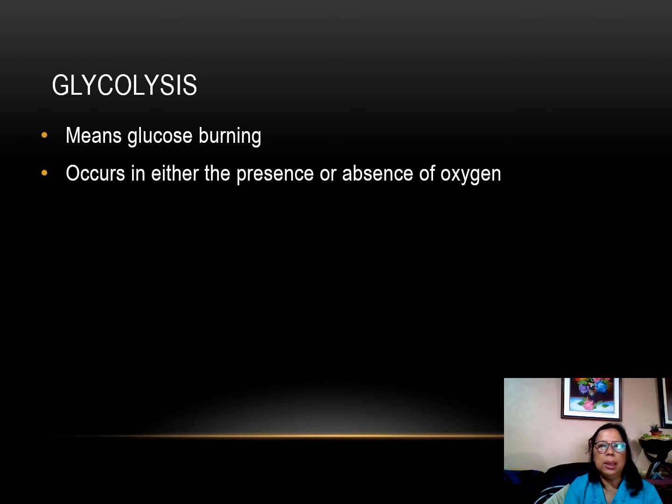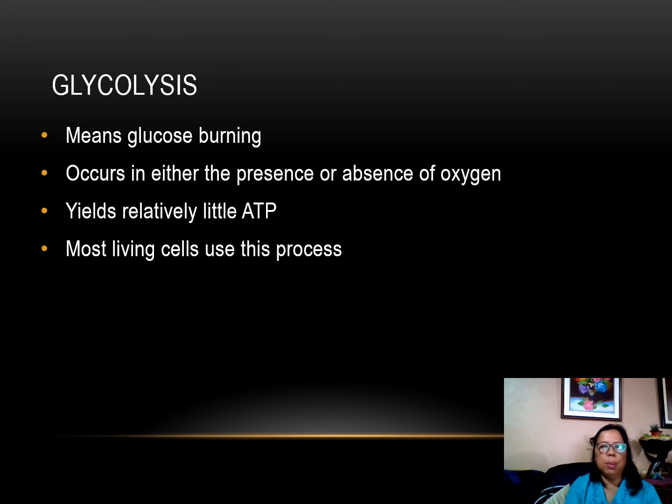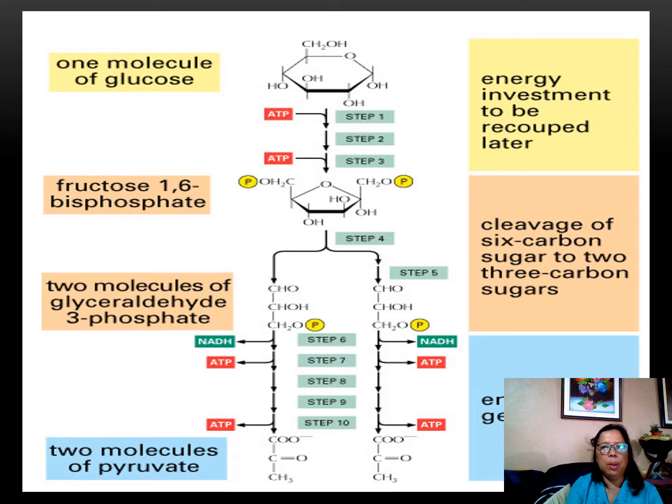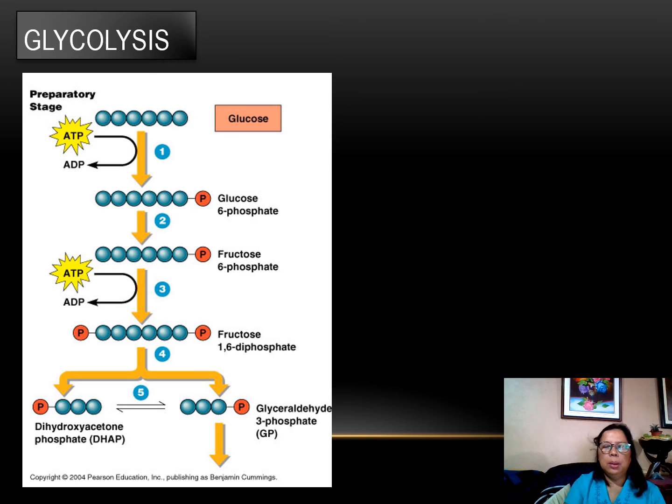So glycolysis from your carbohydrates occurs either in the presence or absence of oxygen and yields relatively little adenosine triphosphate. Most living cells use this process, including your microorganisms. So here are your different stages of glycolysis.